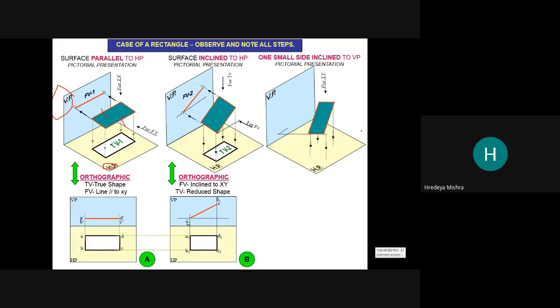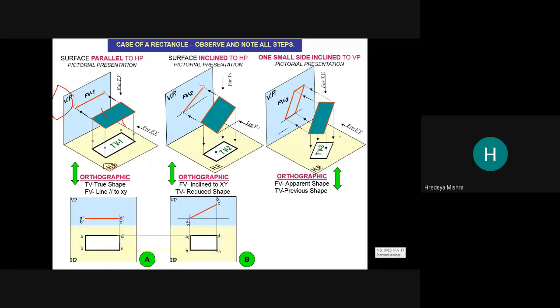See here, we get the top view here, and what do we get in the front view? See here, we get the front view, a hollow rectangle. This is not the surface, we just get the projection here. So this is the front view.